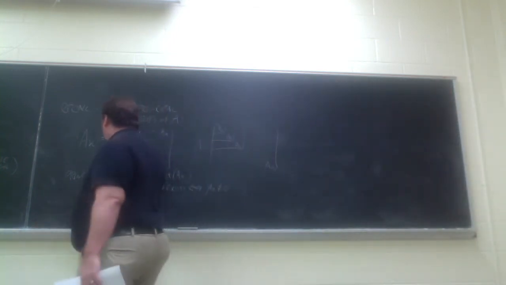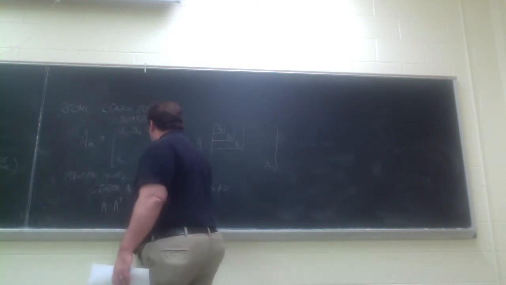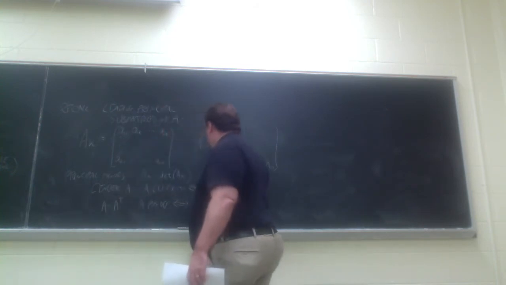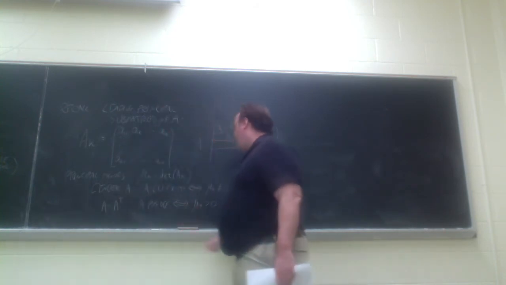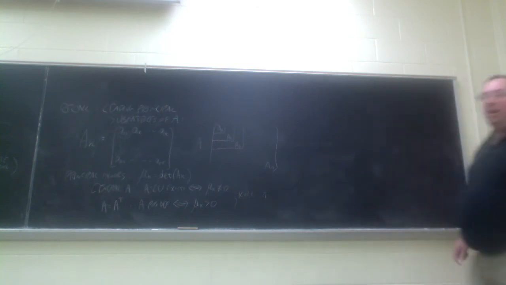But what we care about today is if A is symmetric, then A is positive definite if and only if all of the principal minors are strictly positive. This has to be true for all K from 1 to N.